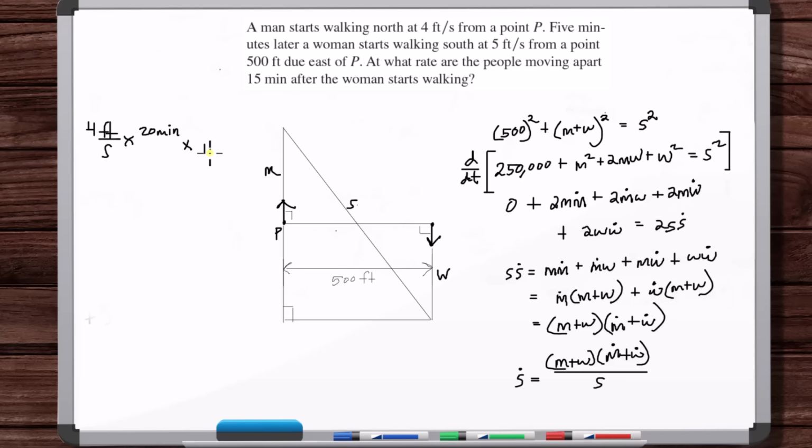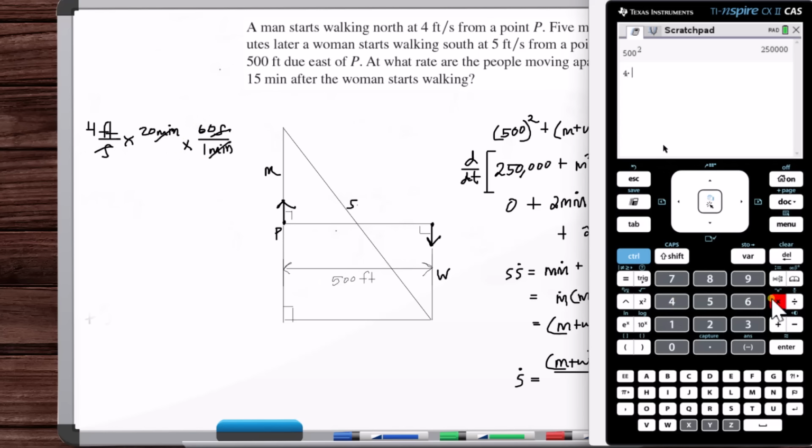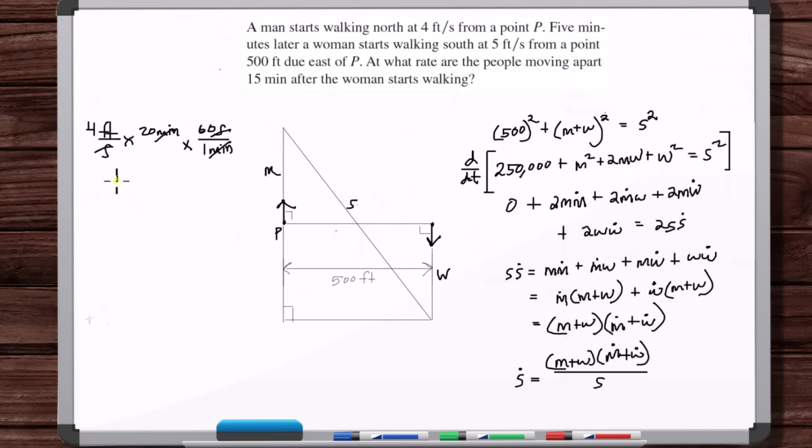And in 1 minute, there's 60 seconds. So 4,800 feet.